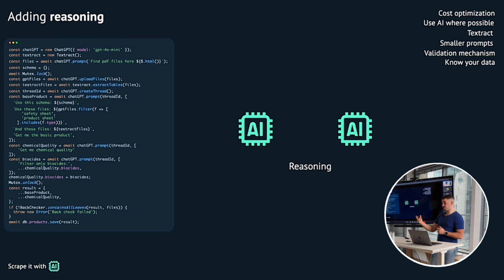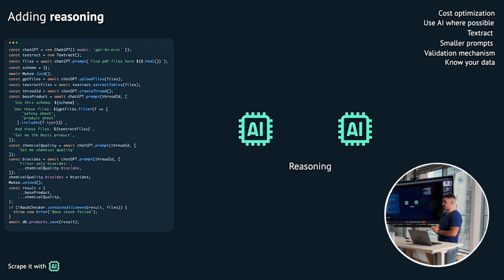We used that for the mentioned biocides because a lot of the time ChatGPT basically doesn't know what is a biocide and what isn't. It returned only some list of chemicals, of which some of them were biocides, some were not. And after asking this question, which is called self-reasoning, it improved the data in a way that it was able to filter out non-biocides and left us only with biocides which we needed.